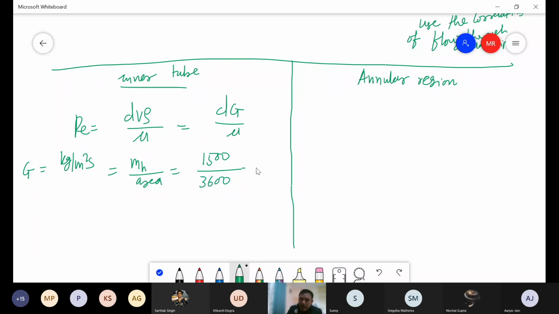Kg per second divided by the area of the inner tube. Area of the inner tube is 1.43 into 10 raised to power minus 4. So this mass flow rate in kg per meter square second comes out to be, check whether this is correct.